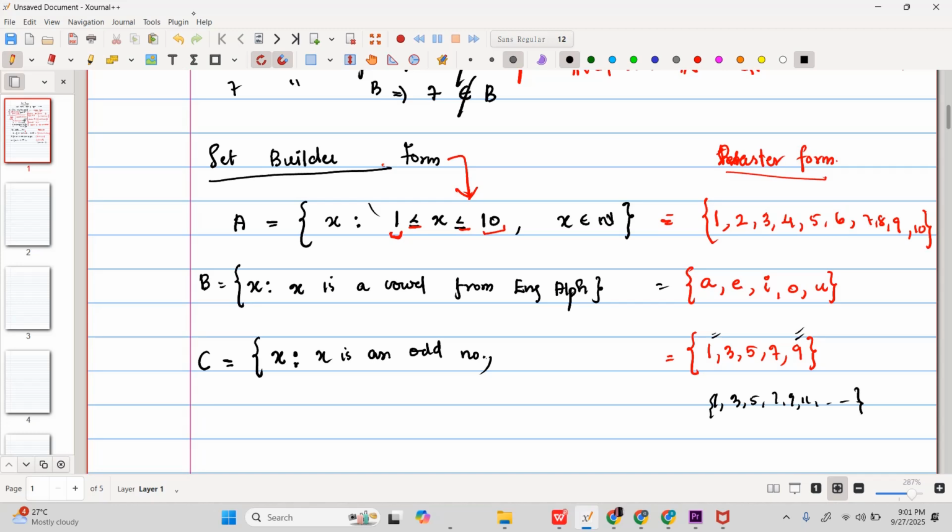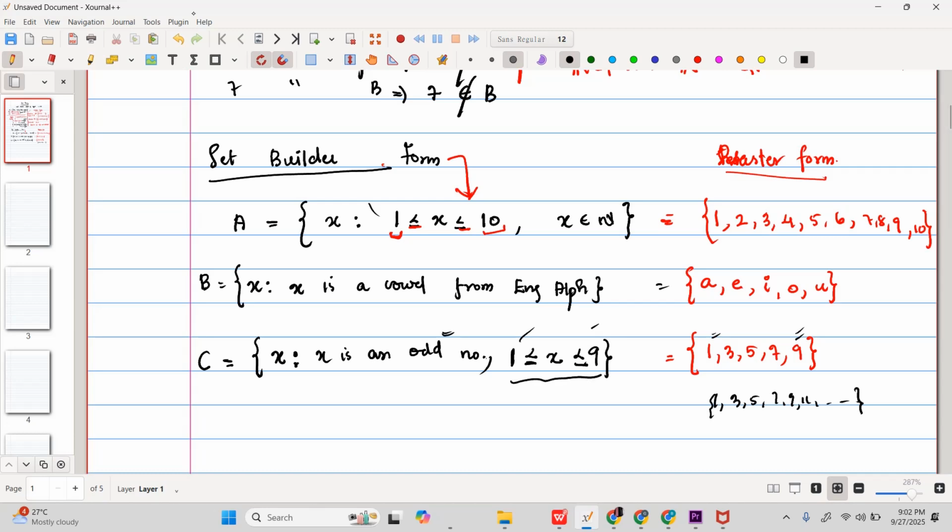So 1 is our starting point, and we include it: 1 is less than or equal to x, which is less than or equal to 9. That's it. So we are picking all the numbers from 1 to 9, and they must be odd numbers also.